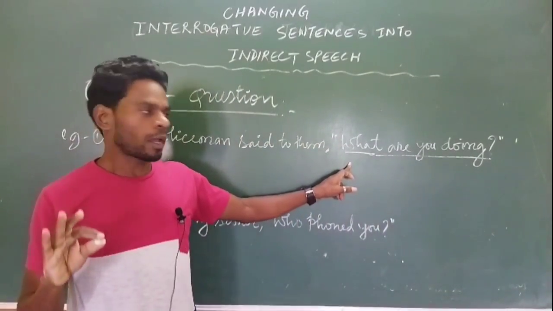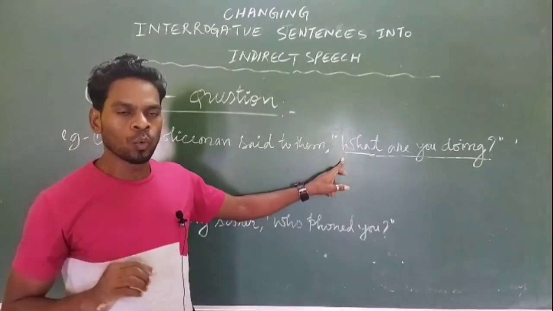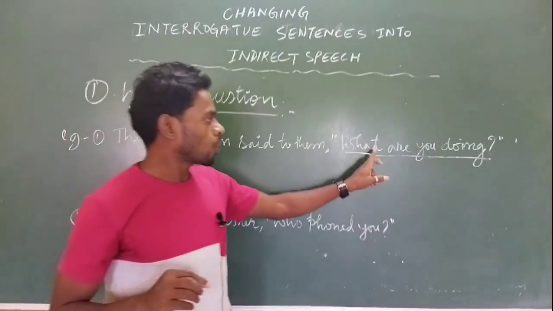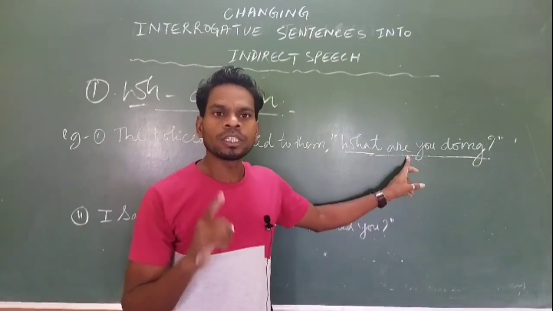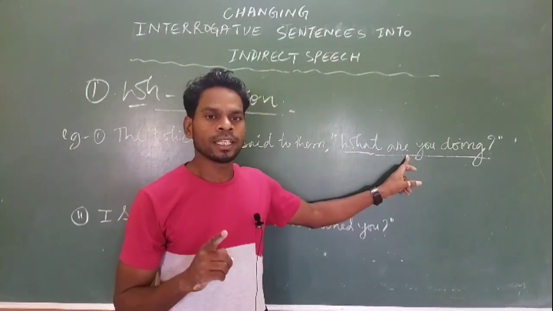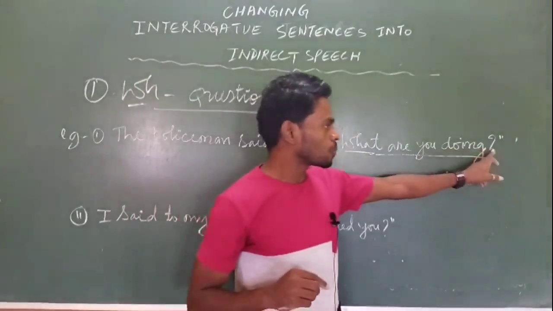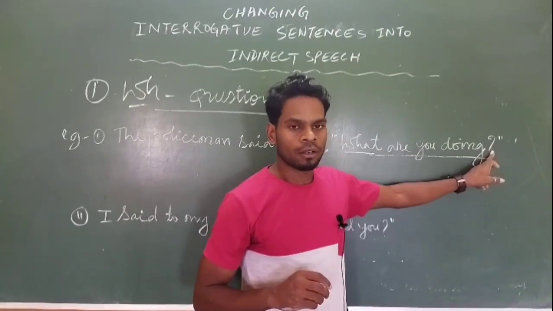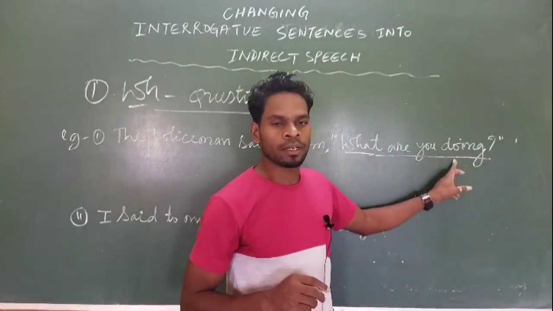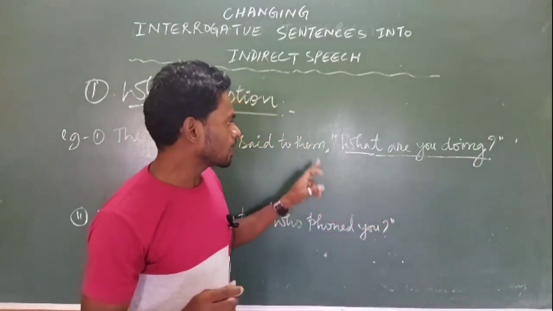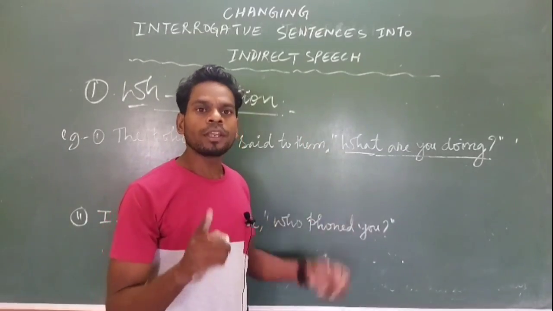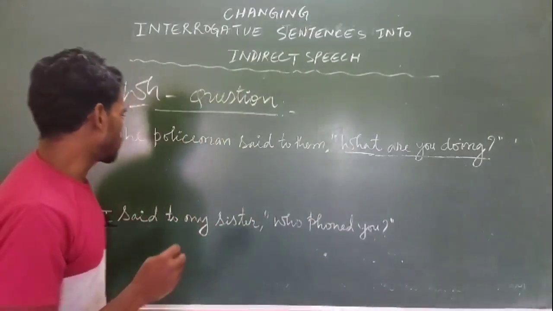Keep in mind, as we have seen in the rules, that this question sentence will change into a statement in indirect speech, so at the end we are not supposed to put a question mark. And the conjunction will not be added. So now let's change it.